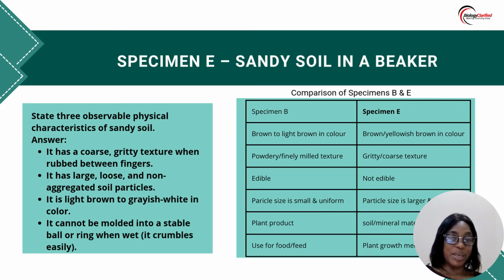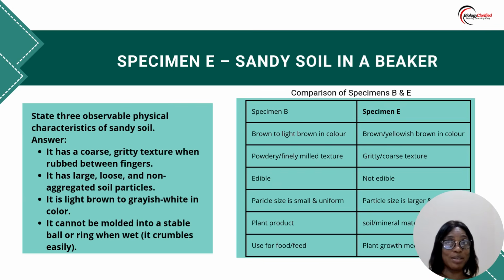Now you could also be asked to differentiate between specimen B and specimen E. Remember, what we are doing is postulating possible questions that could come. We're not sure. So they could say, compare specimen B, which is crushed granite seeds, and specimen E, that is sandy soil.